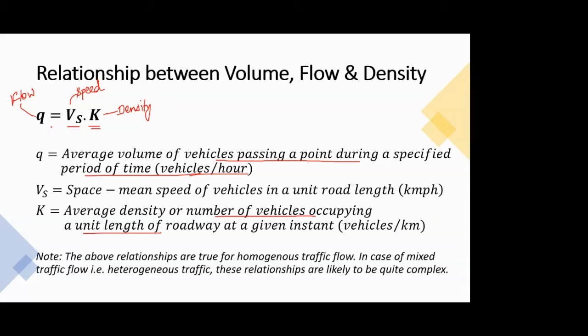So you have to note that this relationship, or rather all the relationships that you have seen, okay, whatever graphs you had seen, the graph of speed versus density, then the graph of speed versus flow, and the graph of flow versus density.